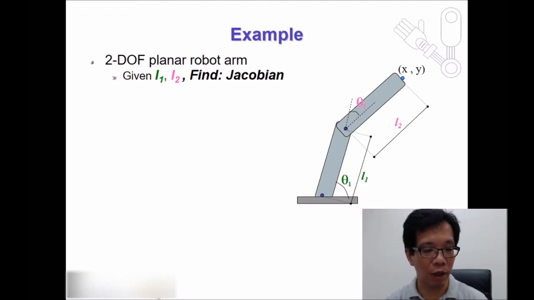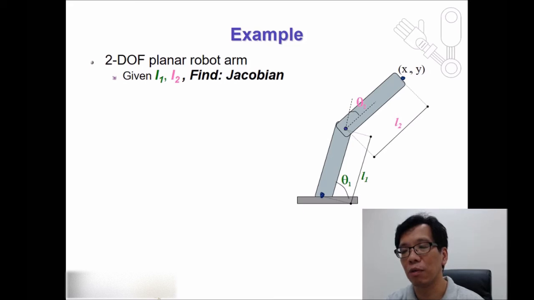Okay, let's work on one example. This example is a 2-bar linkage. We start from this point O, and we try to find the Jacobian related to x, y at this position. It should be pretty straightforward, because the most important thing we need to find out is my current position.